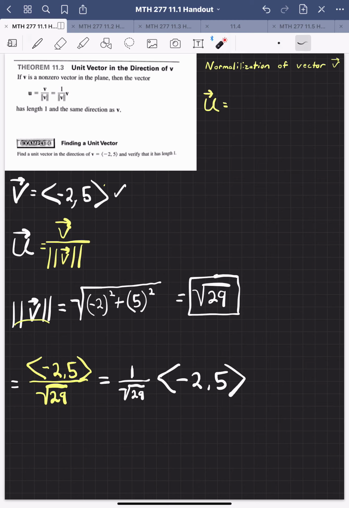Which is exactly what you're seeing here, right? This is the same notation. And now, to finish it, we can have a scalar that we're going to distribute to each component.